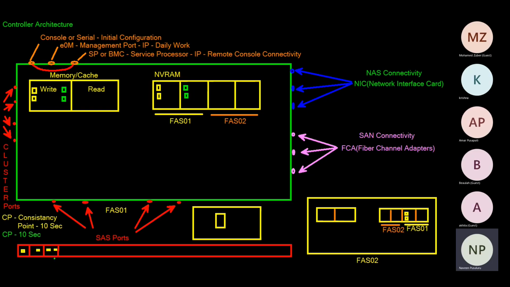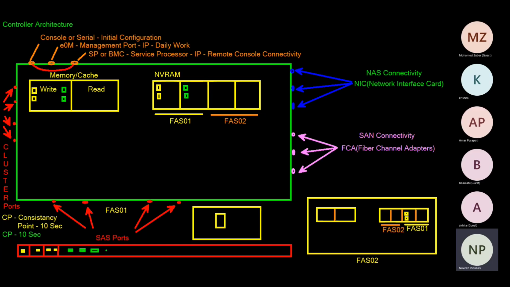They wipe out the data within them and get ready for the next consistency point. Whenever that consistency point is triggered, this time my memory will work with the second part of the NVRAM and commit the data to the disks.